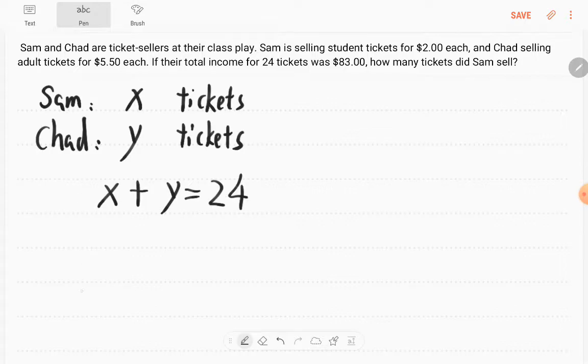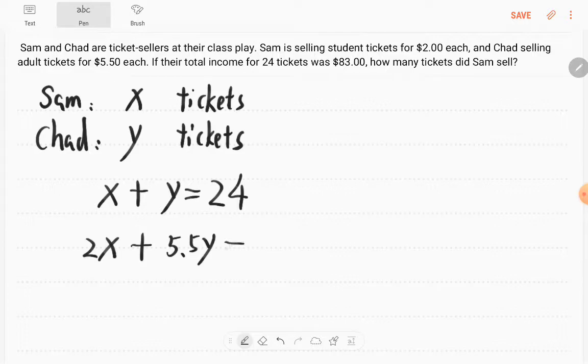And we have another equation. If Sam sold x tickets, the total income would be 2x for the student tickets. Chad sold y tickets, so the total income for the adult tickets would be 5.5 times y.